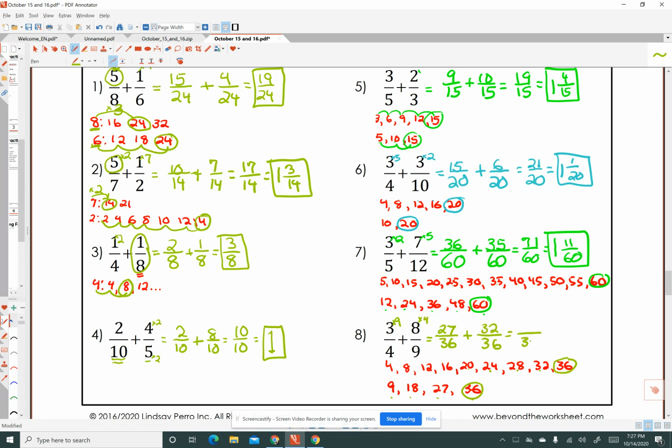So our denominator is 36. And our new numerator is 59. There is one group of 36 in 59, with 23/36 left over, and that cannot be simplified any further.